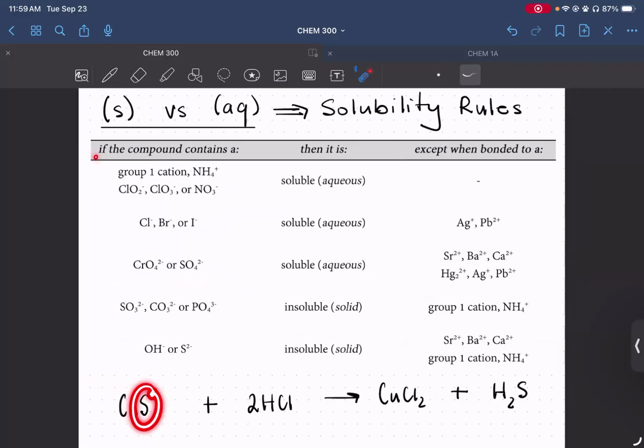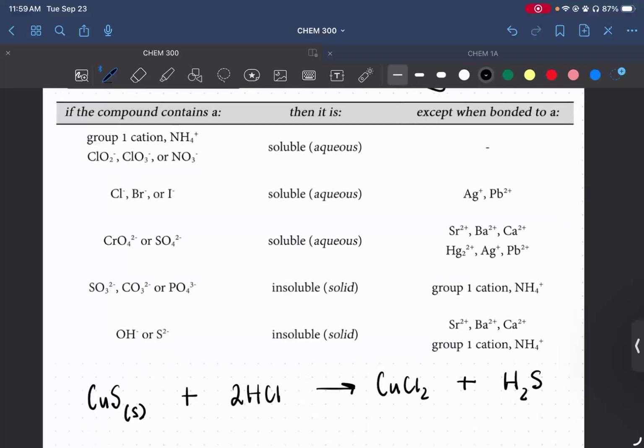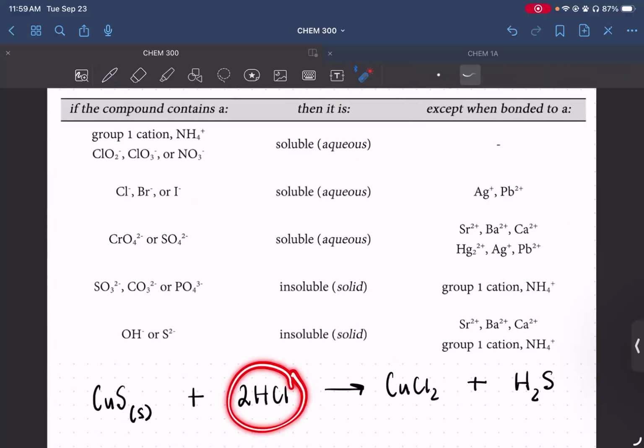Sulfur. If the compound contains a sulfide, then it is solid. Is copper an exception? No. Copper is not on that exceptions list. That means that copper sulfide is solid. HCl, if the compound contains a group 1 cation, soluble, no exceptions, aqueous.